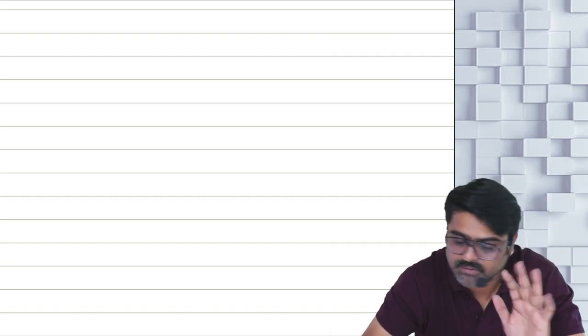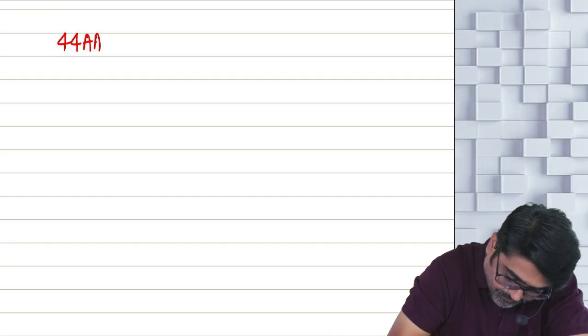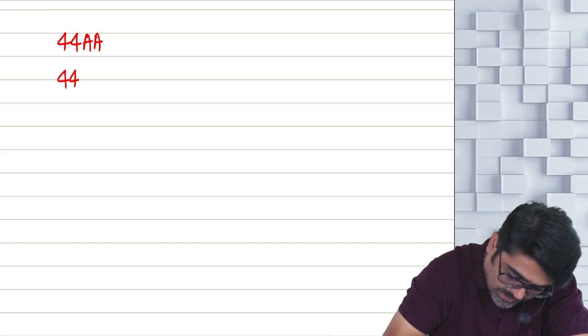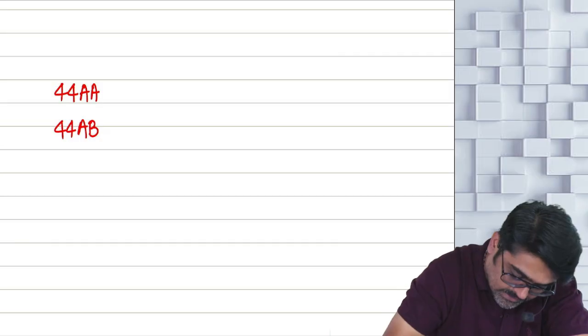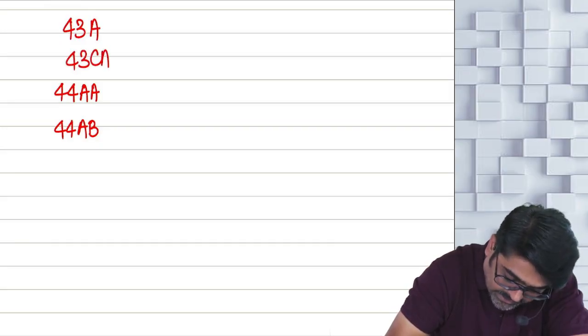Which provisions? Now see, in miscellaneous provisions, there is one section 44AA and there is one section 44AB. Apart from this, there are other sections also. There is one section 43A. Then there is 43CA.